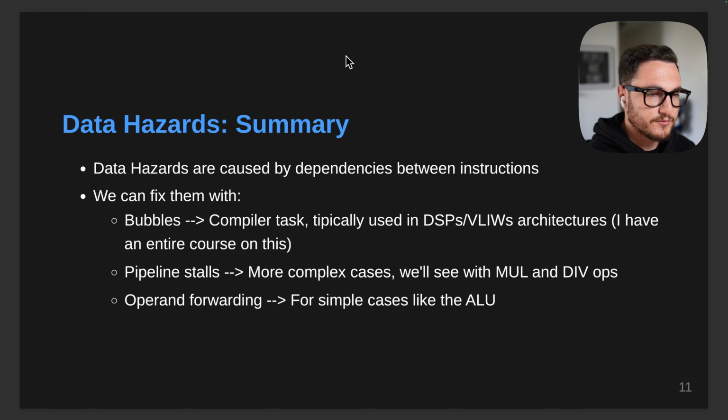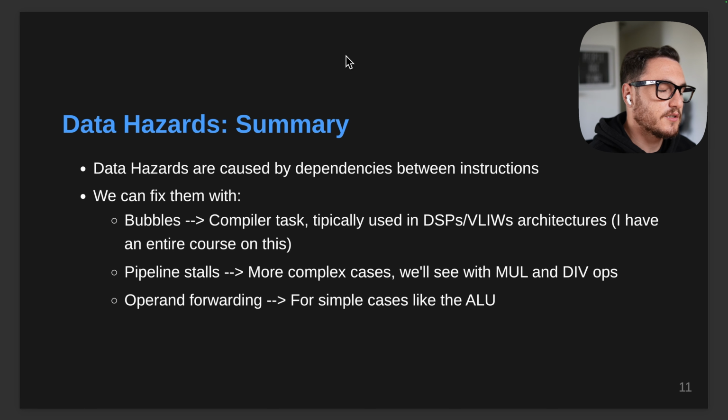We saw operand forwarding for simple cases like the ALU that we saw here, but more generally, there will be times where there's no other solution than to stall the pipeline to wait for the results of an instruction.